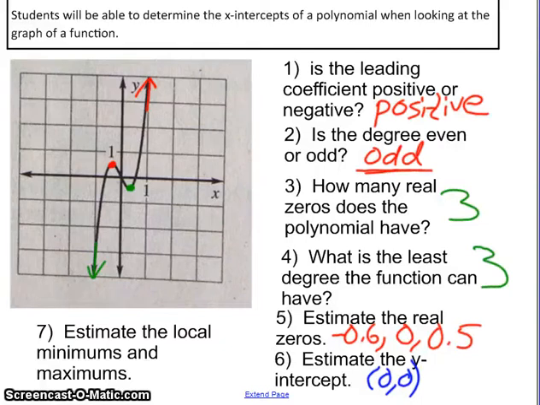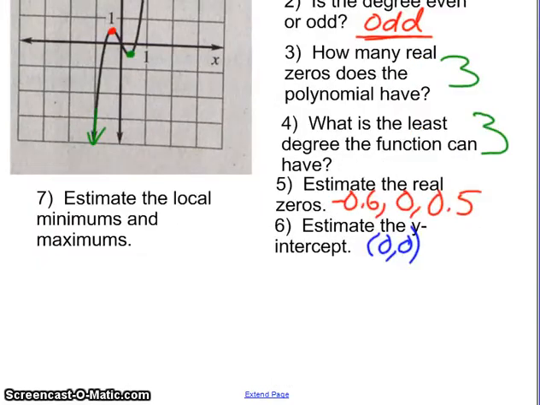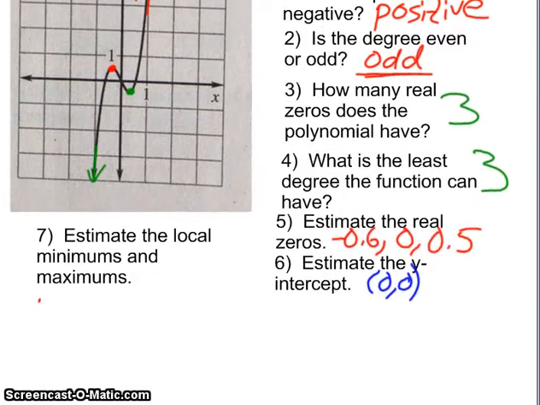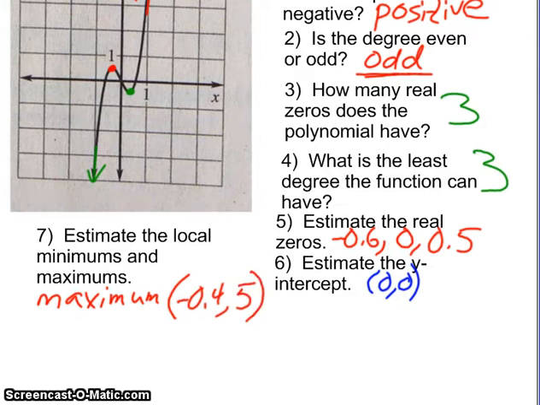So let's say that the local maximum, and we're estimating here, I'd say it's about x equals negative 0.4, and a y-coordinate of about 0.5.